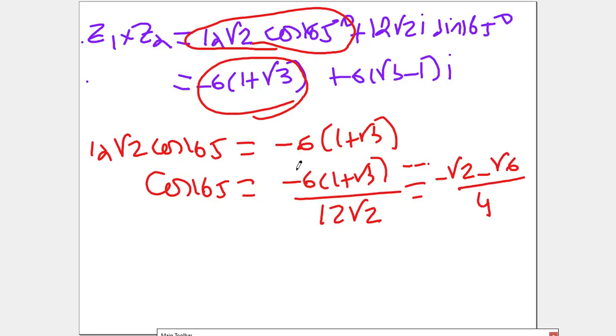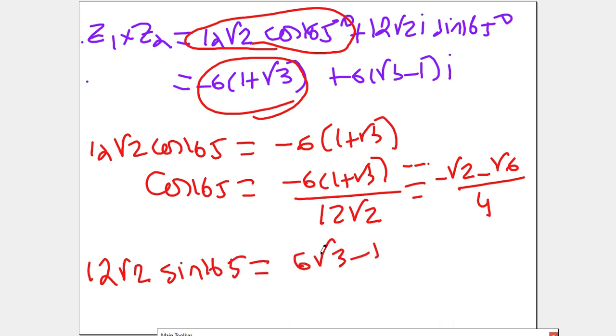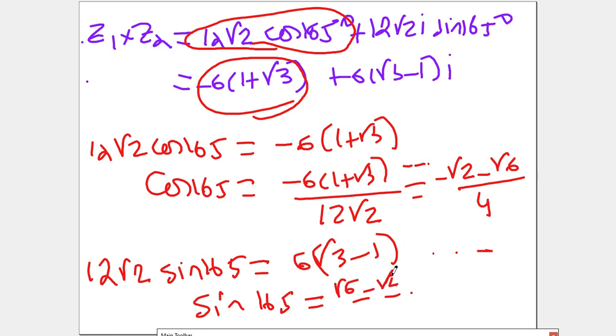I can do the same for sine, imaginary equal to imaginary. So I will have 12 radical 2 sine 165 equal to 6 (radical 3 minus 1). And then I will continue the calculation and get sine 165 equal to radical 6 minus radical 2 over 4. And if I need to find the tangent, I can put sine over cosine, and I will have radical 6 minus radical 2 over minus radical 2 minus radical 6, and you will get the final answer for tangent 165.